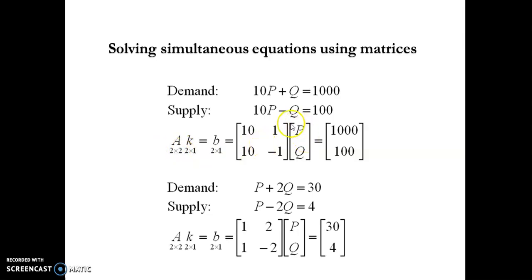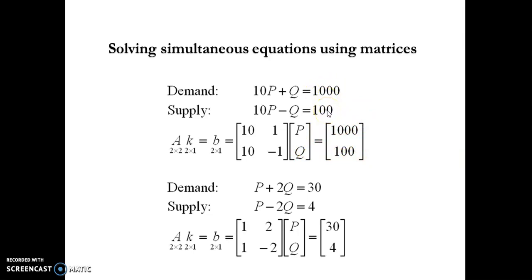Then we have our vector K, which has your unknowns. Your first unknown was P, so that is the first one on top. And then your second unknown is Q, so that is the second one at the bottom. That is going to be equal to the right-hand sides of these equations, which are these constants.